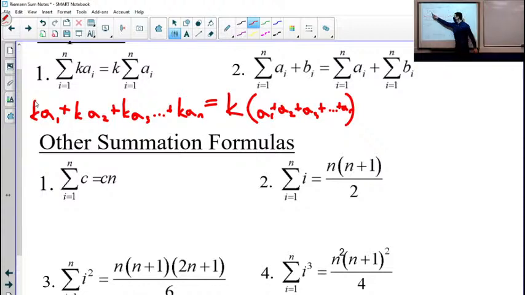So this idea right here is something you should already be familiar with. What do we call this? Distributive property. This is just the distributive property written out in a really fancy way. Or if you want to think about it the other way, this is the same as describing how to factor out a greatest common factor.